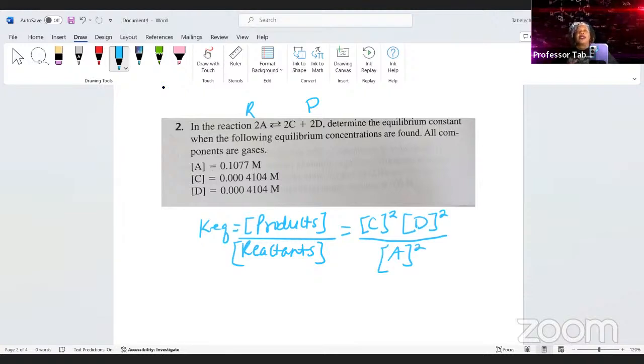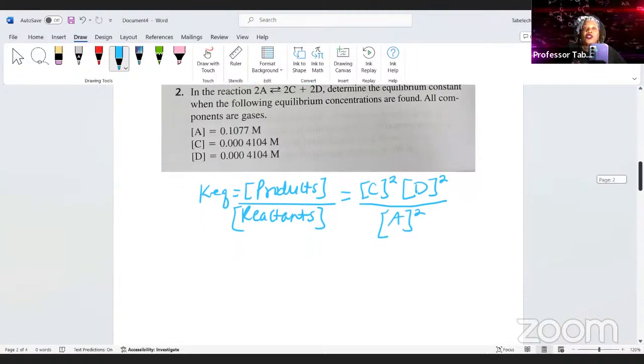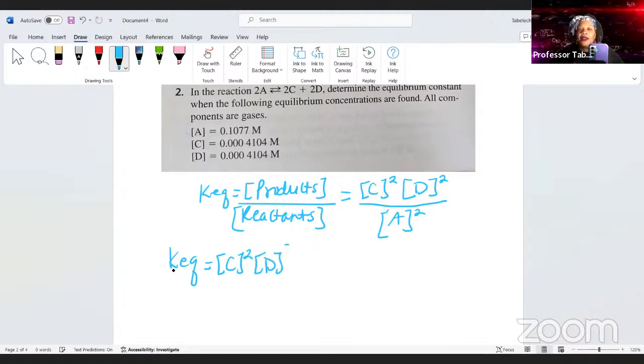So as you can see here, you are still looking for your equilibrium concentrations, and all those squares are there. You're going to simply plug in those numbers that they're giving you. So A, C, and D, there is no B here. A, C, and D are the numbers that you're going to plug into your problem. So the equilibrium constant here is going to be your C squared times your D squared over your A squared.